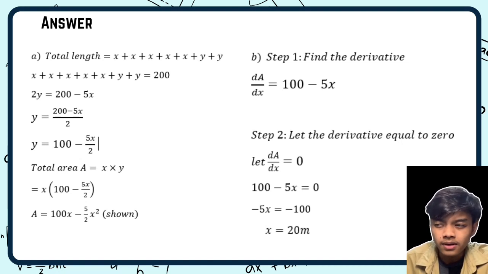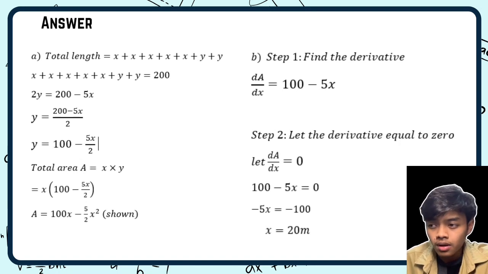And then simplify. y equal 100 minus 5x over 2. Total area A equal x multiply y. So we get A equal 100x minus 5 over 2 x squared.